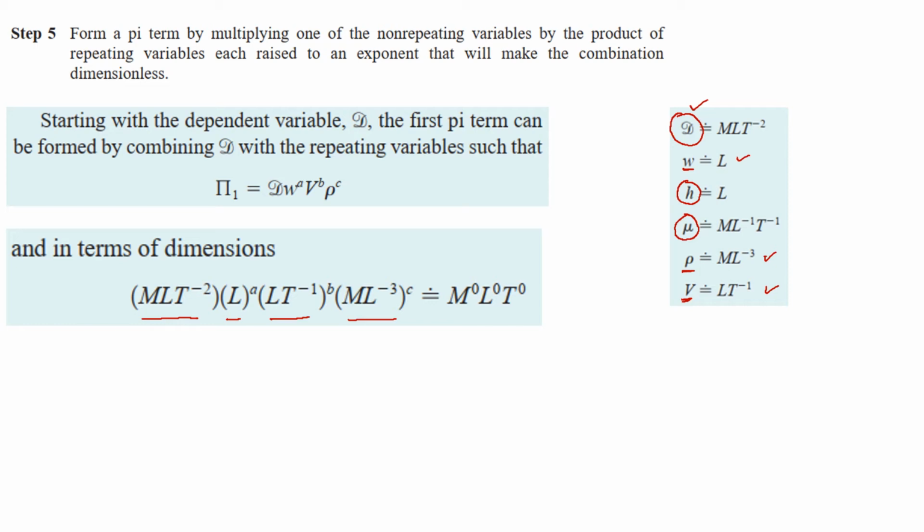So in terms of dimensions, I am representing the pi terms and equating them to my 3 reference dimensions, raised to the power of 0, so that the right hand side is a term that is dimensionless.